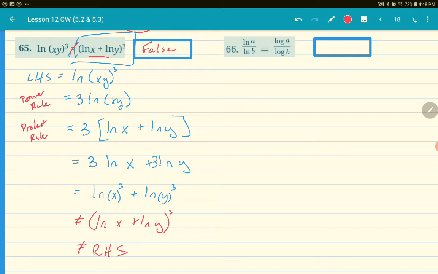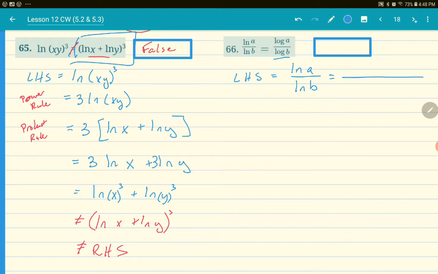Okay. And then 66. I'm going to start with the left-hand side again. So that is natural log of a over natural log of b. And trying to get to the right-hand side, I see, okay, well, I got to change the base. I need to get to that common base of 10. So to do that, I'm going to do that to the a and the b.